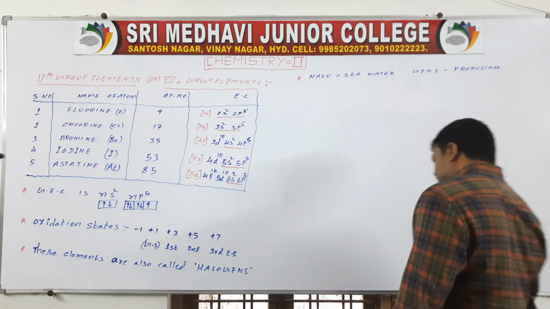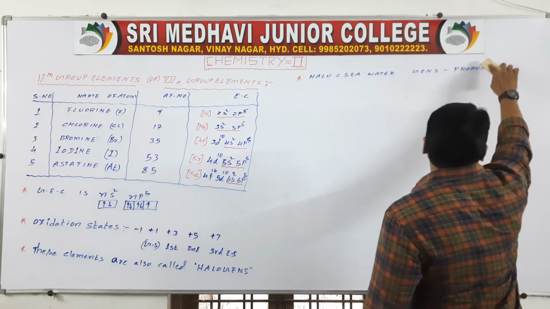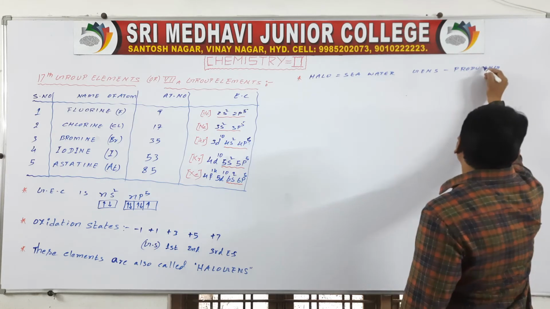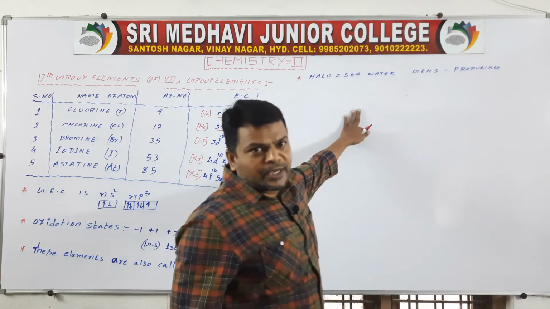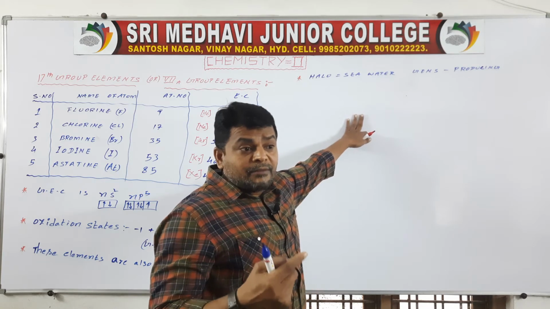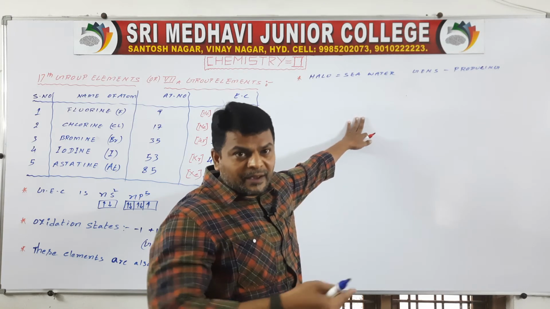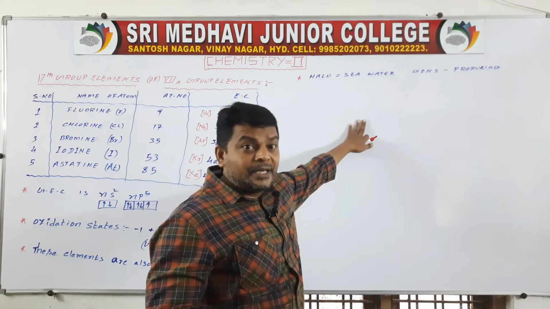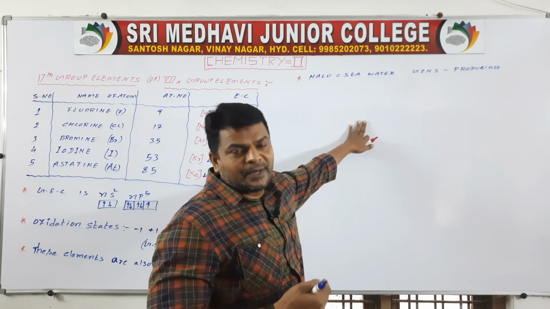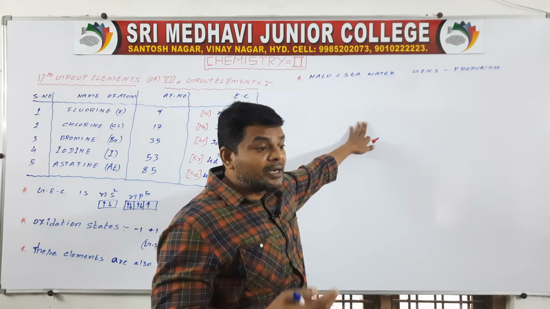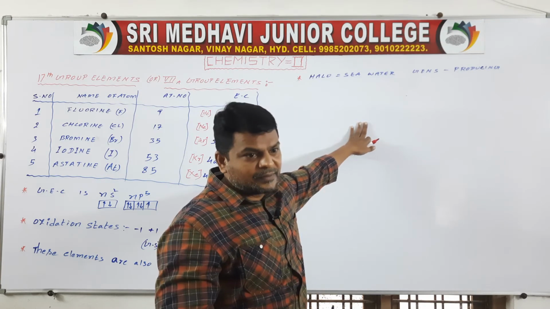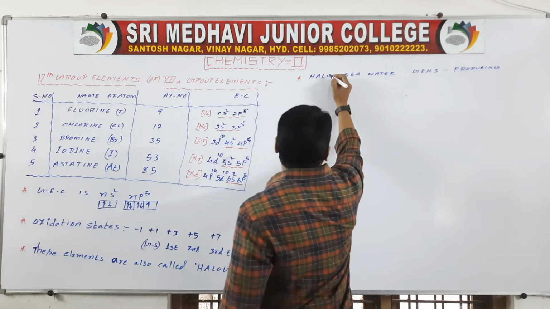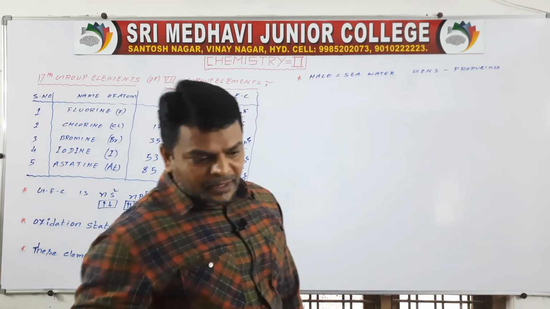So these are sea water producing elements. That means the salts in sea water contain these elements. In sea water some salts are present, and these salts are produced by these elements. That's why these are called halogens.